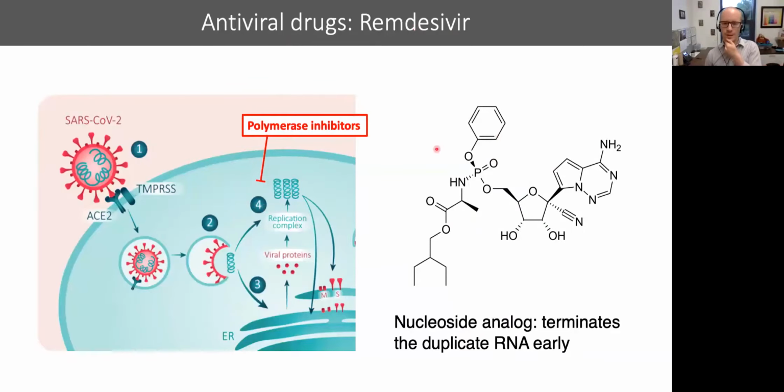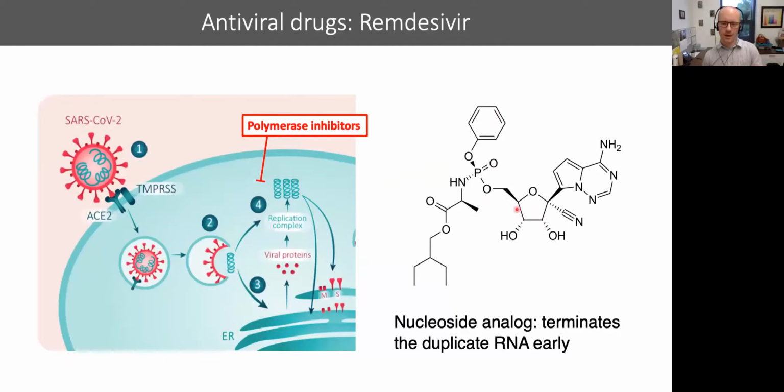How it works is it basically confuses, in quotes, the viral RNA polymerase. So this molecule looks very similar to one of the nucleosides that are added into the new strand of RNA. It looks very similar to adenine. And the viral polymerase incorporates this into the new RNA instead of an adenine.